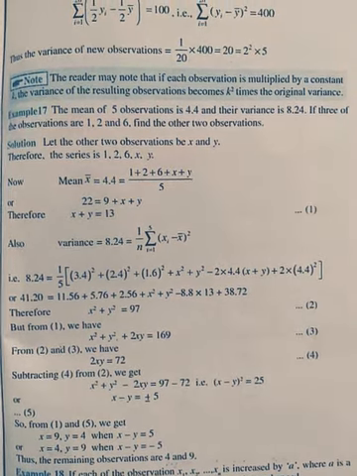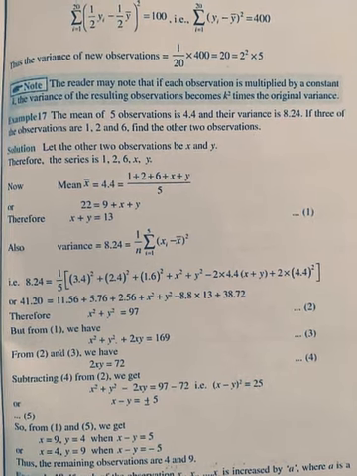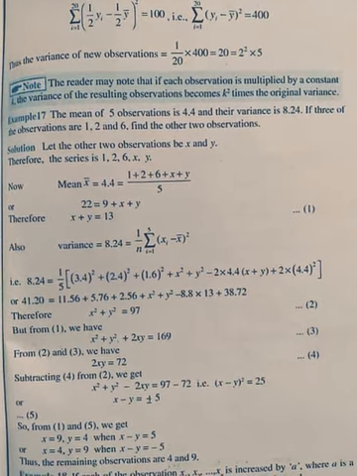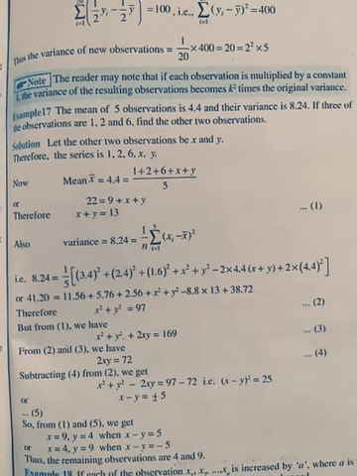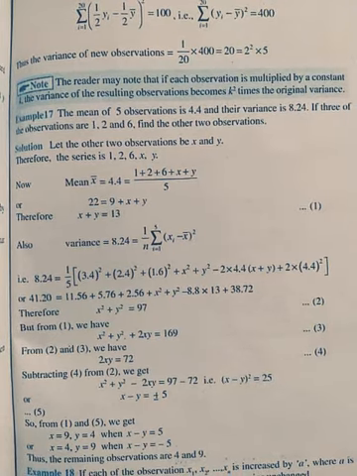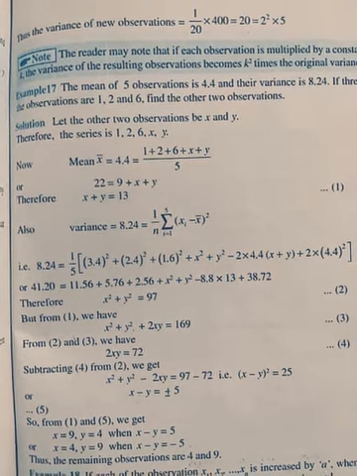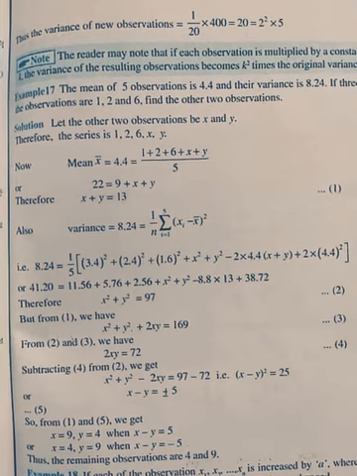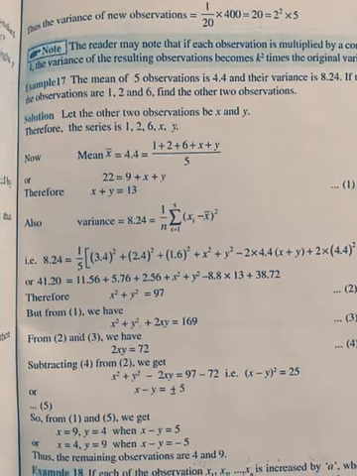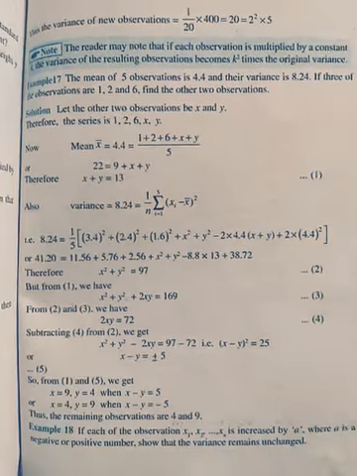Similarly, example 17, the mean of 5 observations is 4.4, their variance is 8.24. If 3 of the observations are 1, 2, 6, find the other two observations. Let the other two observations be x, y. Therefore, the series of observations is 1, 2, 6, x, y.